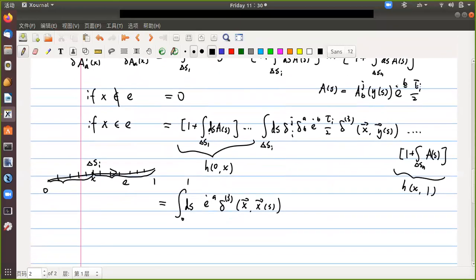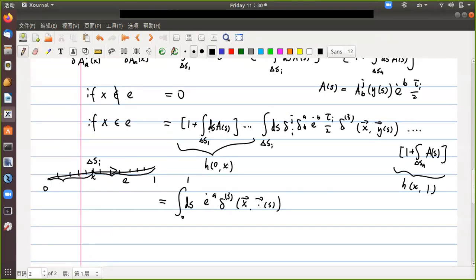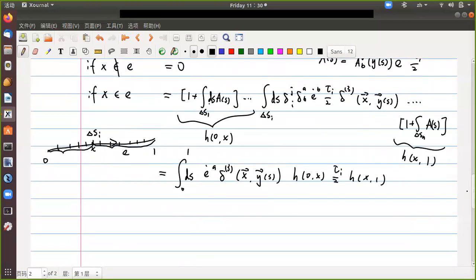So for coordinate y, and then h_0x tau half h_x1. Okay, that's the result.